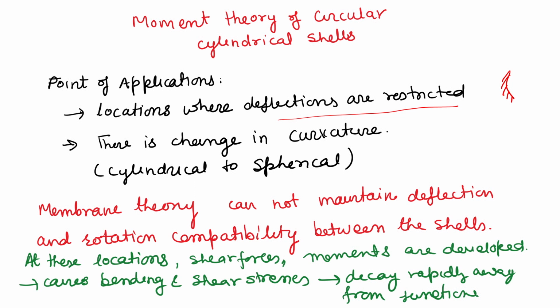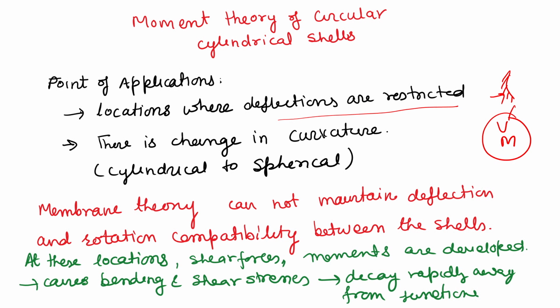At the clamped edge there will be shear force and there will be moment. So, it will not come under the membrane case, because in the membrane theory we do not assume shear force and moment or the horizontal force, all this.